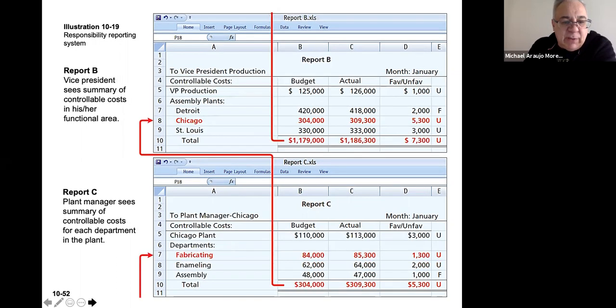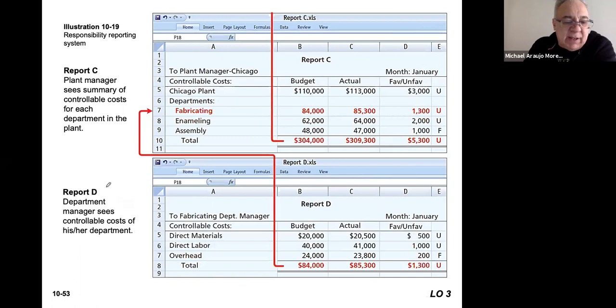Okay. So again, step by step, it starts at the lower level. Report D really is the first one from each of the particular managers within each of the plants, right? Showing direct labor, direct materials, and overhead budget and actual, and whether it was favorable or unfavorable.